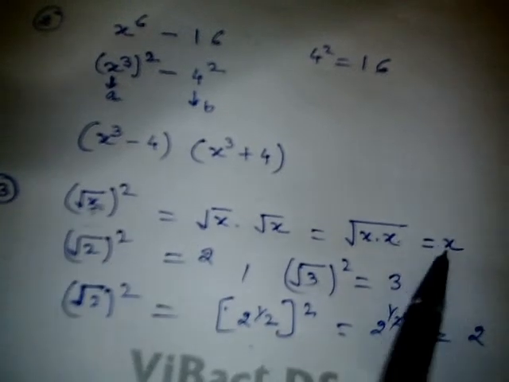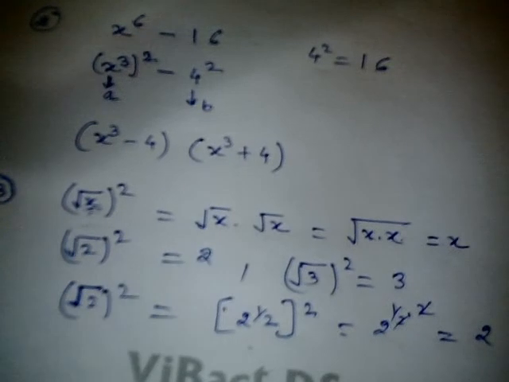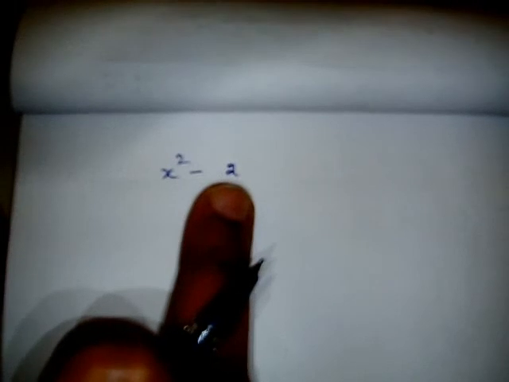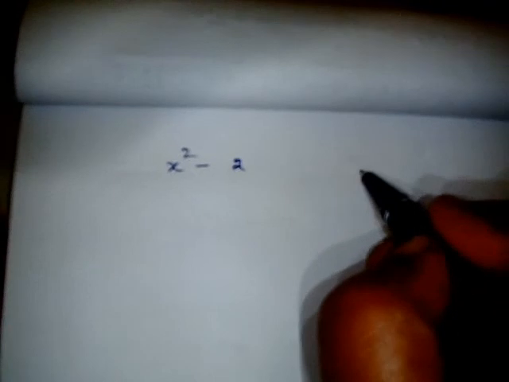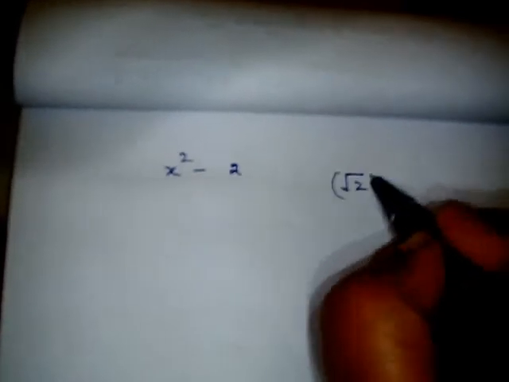Now if I say factorize x square minus 2, I need to factor this out. This part is in square form but this is not. How can we write 2 in square form? This comes with practice. Root 2 square is going to be 2, so I need this number in square form.